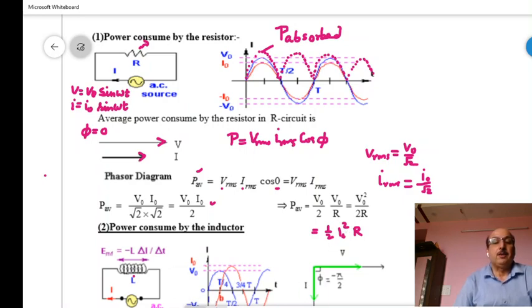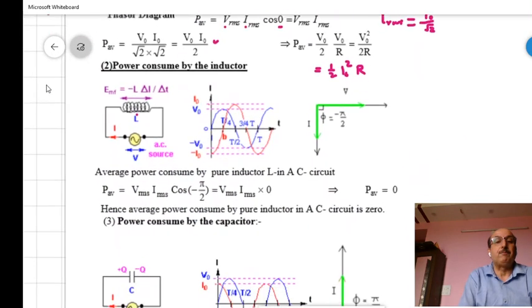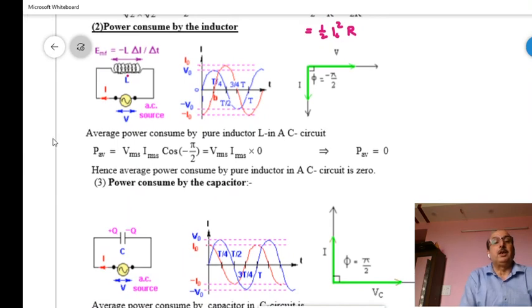Now next, if we find out the inductor circuit first. In case of power consumption in inductor, here we use the appliance inductor and the source voltage is V, and V is equal to V naught sine omega t.